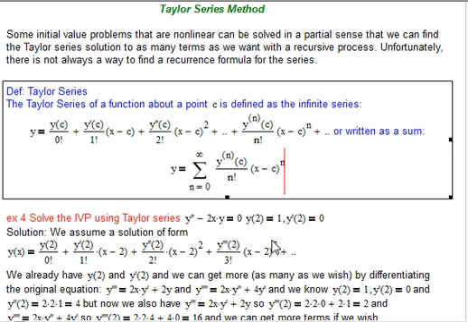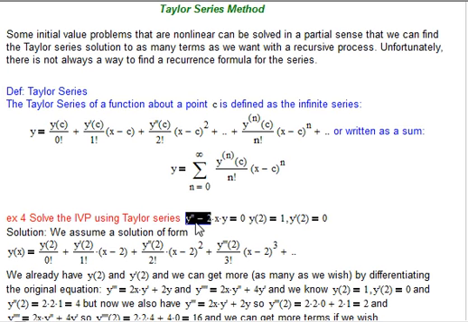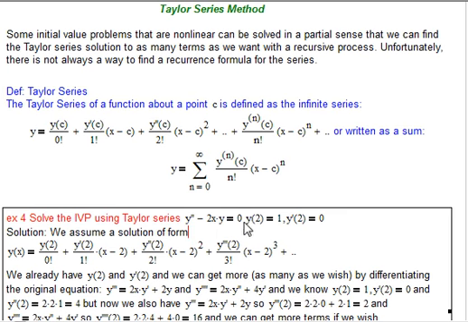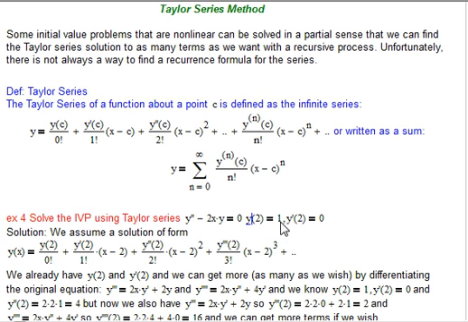We're going to solve the initial value problem y double prime minus 2xy equals 0 with y of 2 equal to 1 and y prime of 2 equal to 0.